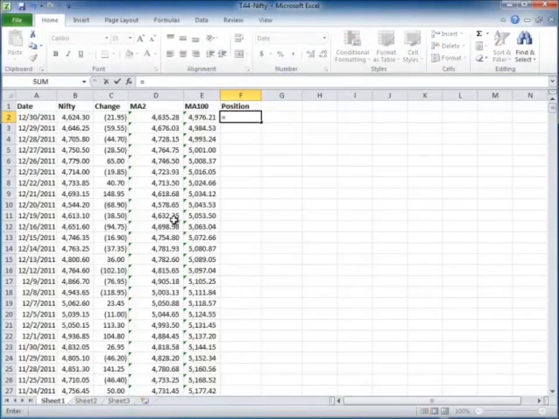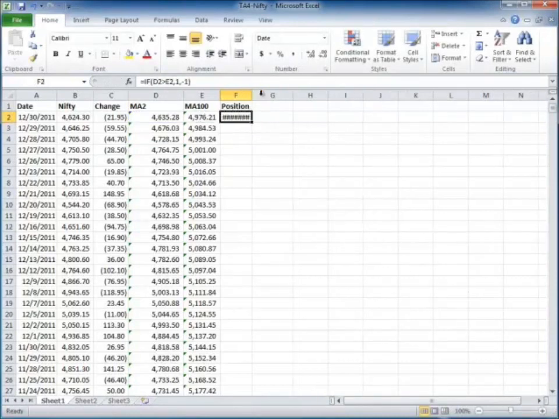So let's say I have IF MA2, the 2-day moving average, is greater than the 100-day moving average, then I want 1 for a long position, and otherwise I want -1 for a short position. Okay?